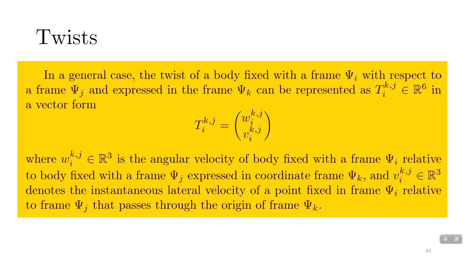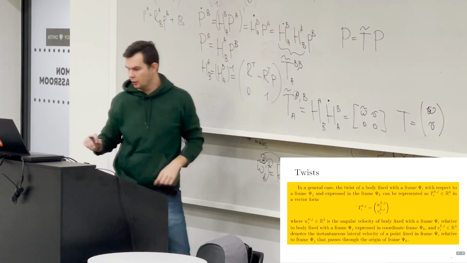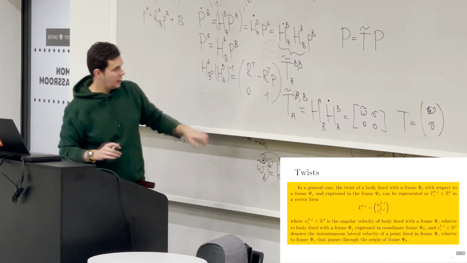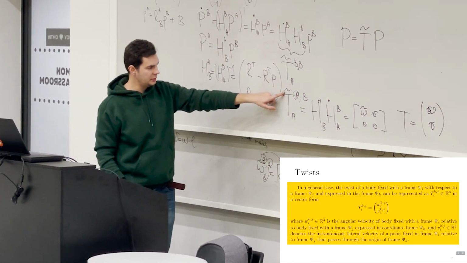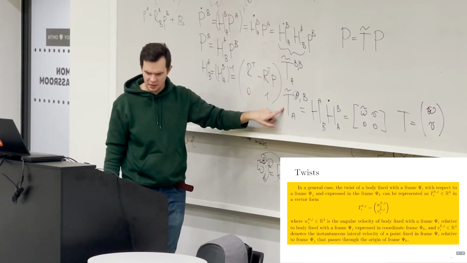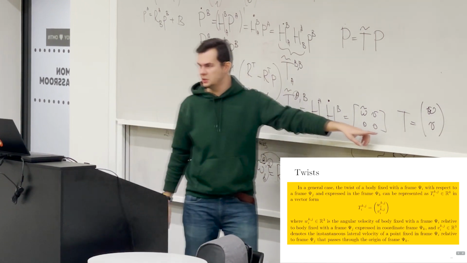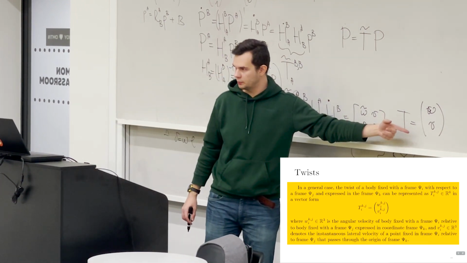So the twist can be written in a vector form right here. And when you see the tilde, it means that the twist is in matrix form. If there is no tilde, it means that the twist is in vector form.